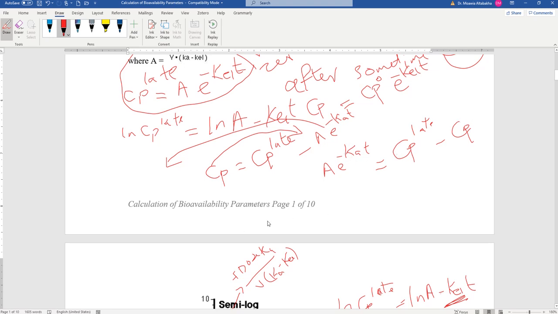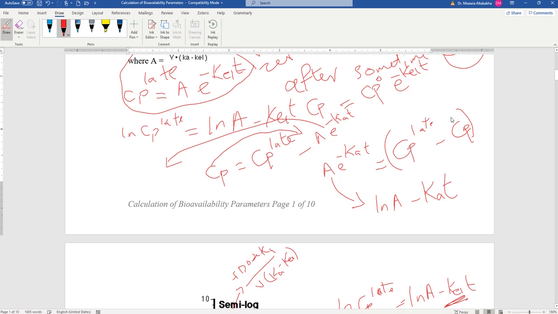If I take ln both sides, okay? أخذت ln السي بي ليت ناقص سي بي و ln this side. شو بتصير هاي؟ بتصير ln ال A minus KA في T. اوكي طيب وهاي بتصير ايش؟ لأن ال CP late ناقص CP.